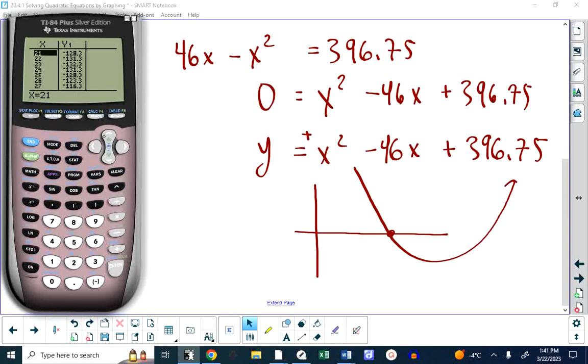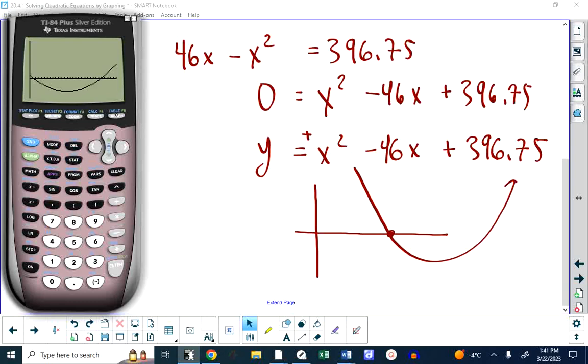Not quite negative 200. So that table is such a lifesaver. If you were just fumbling around in the dark trying to find the right window settings, you'd never hit it.